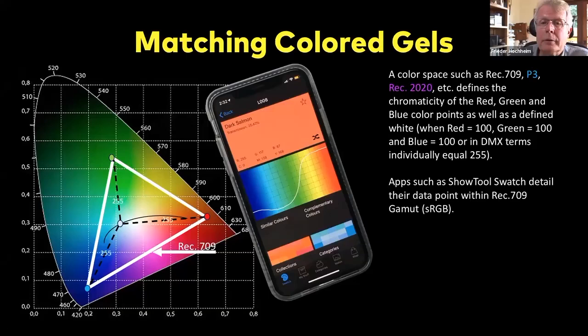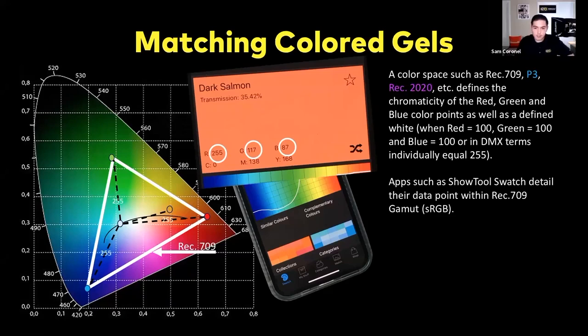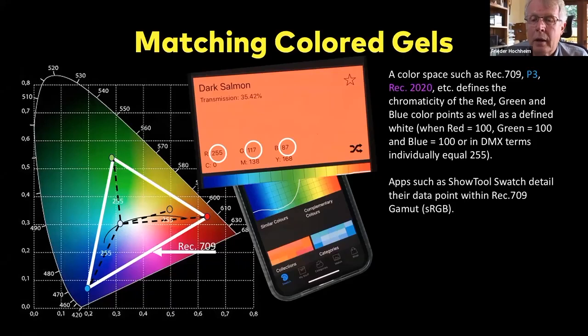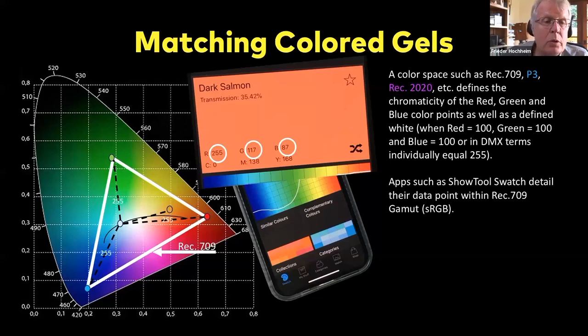Now there are tools that allow us to reproduce gels. The gels that Kino Flo has in their gel selection, those color points are all predicated by the Kino Flo gamut. So we read gels in daylight and plotted those within our gamut. If they fall outside the gamut, we'll plot them to the nearest point that we can reproduce.